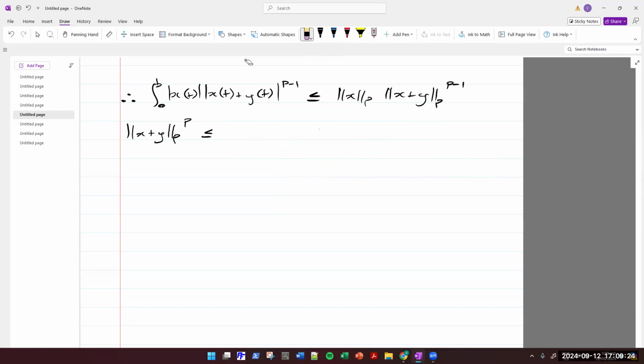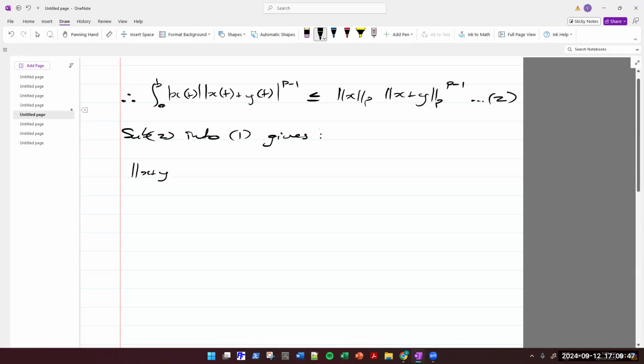So I could just say, let's call this 2. So sub 2 into 1 gives, so that was the left-hand side, and it's less than or equal.